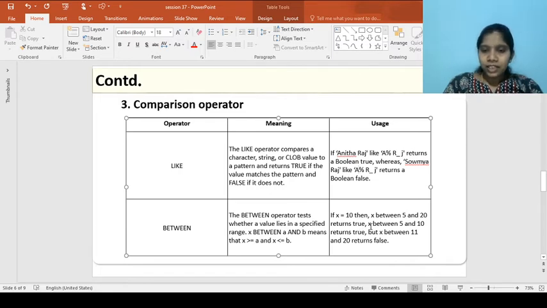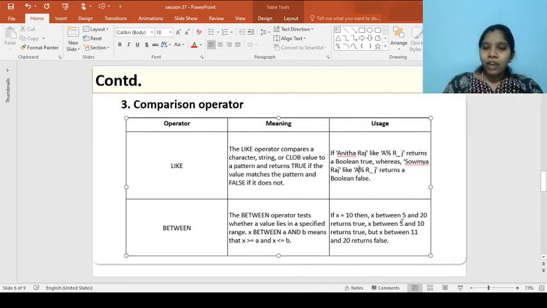Let us consider another case. The value of X is 2. X between 5 and 20 returns false because 2 is less than 5 and 2 is less than 20.